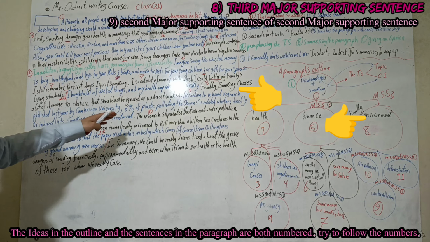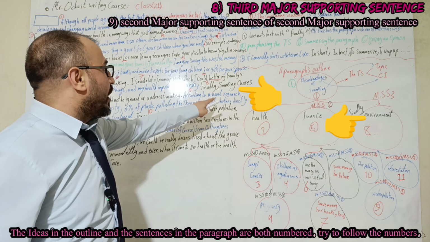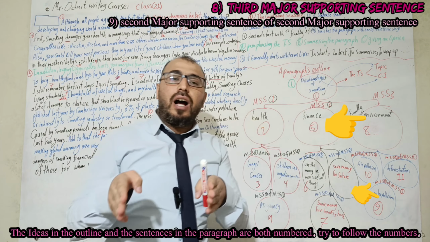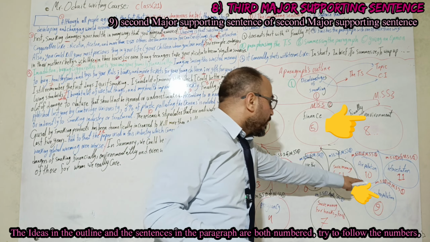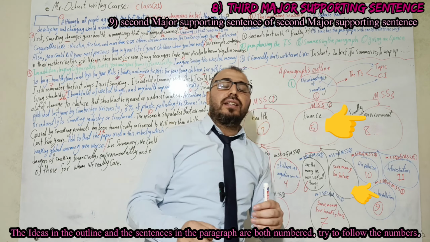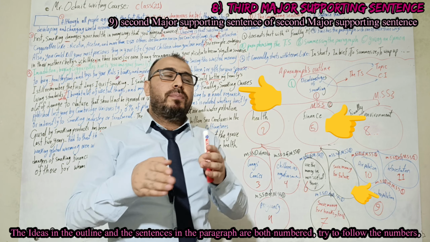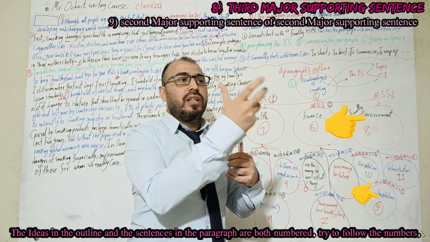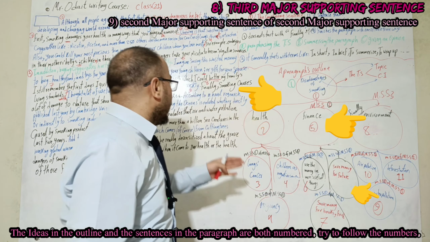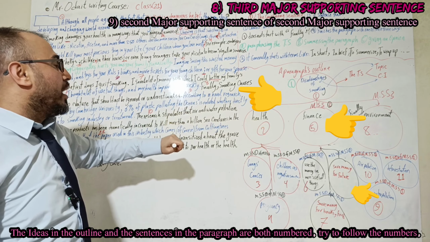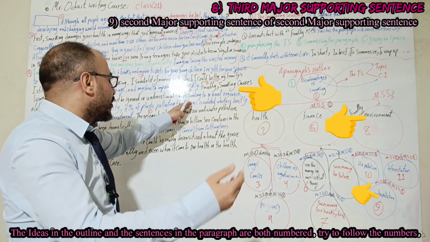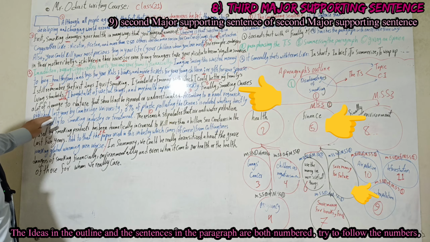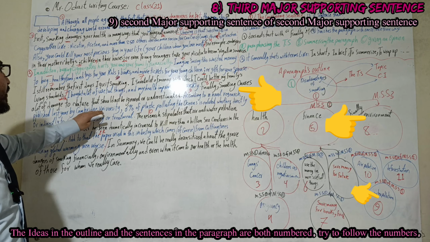As you see here, my friends, I'm starting here, point number 9, and I chose to use the minor supporting sentence in the shape of statistical facts. So here I mention a statistical research, for example, according to a novel research published last year by Cambridge University.